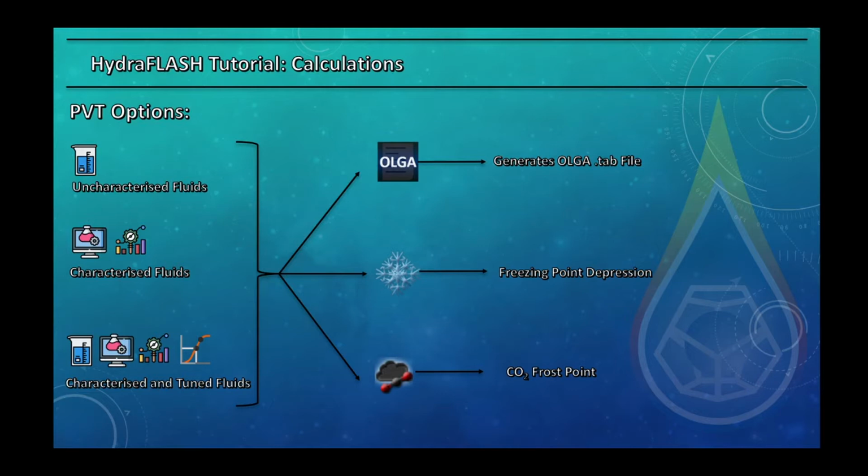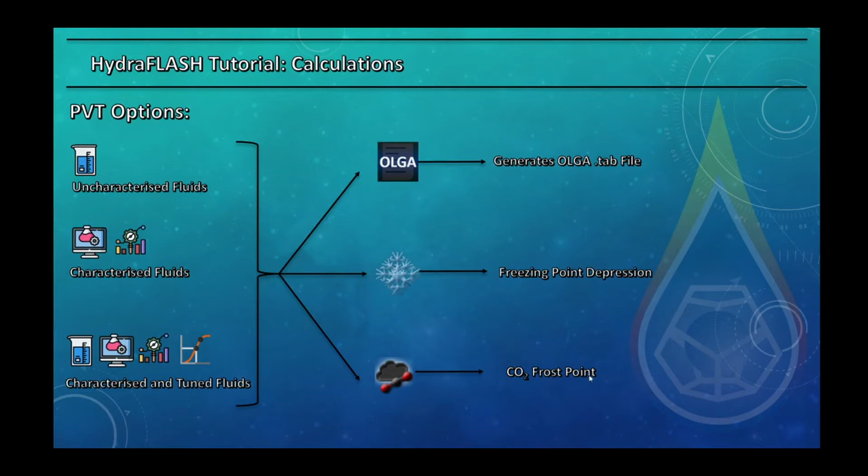This is a freezing point of water. So if you want to know how much salinity or the presence of THIs, alcohols or glycols affect the freezing point of water, you can use this calculation module.